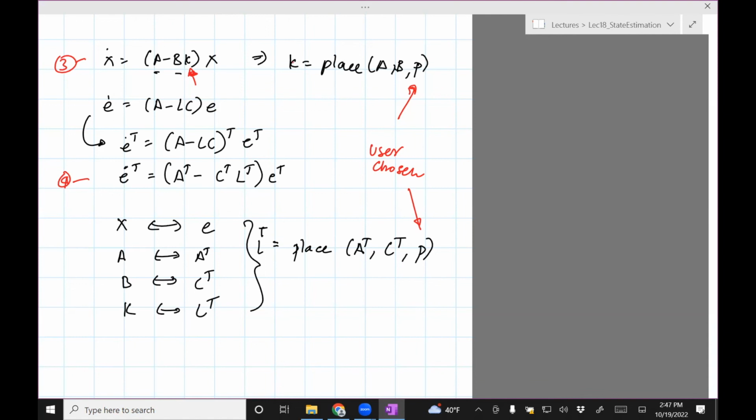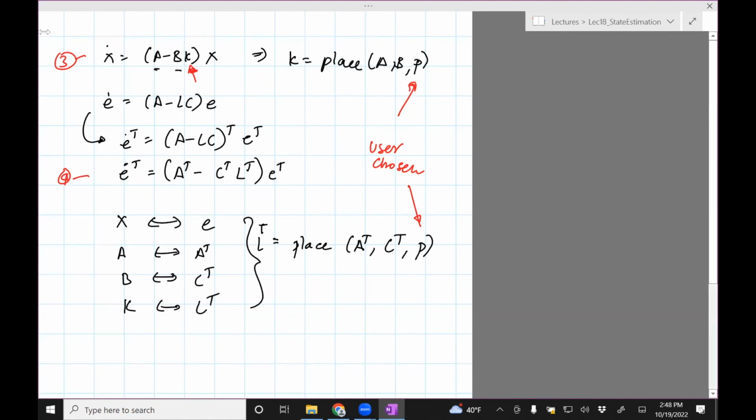Okay, now let me show you an example of how to do this in Python. The last part is we are trying to design an observer gain L, and you would do it with place. So this is the equation.